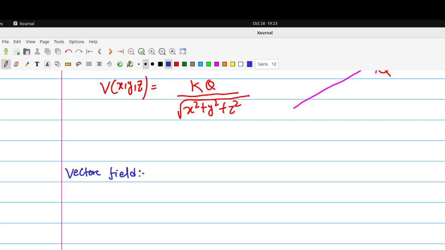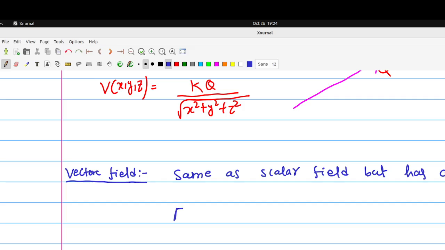Same as scalar field, but has a direction. So I'll say E vector as a function of x, y, z.